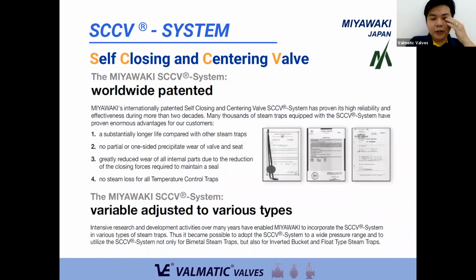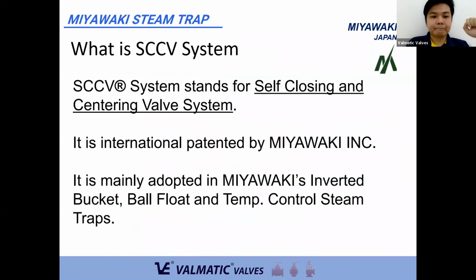So before I move on, I will introduce a system from MIYAWAKI, also known as the SCCV system. This SCCV system is worldwide patented by MIYAWAKI. Later on, I will go into how this SCCV works and how it is implied in the MIYAWAKI steam trap design. So what is the SCCV system? The SCCV system is a self-closing and centering valve system.